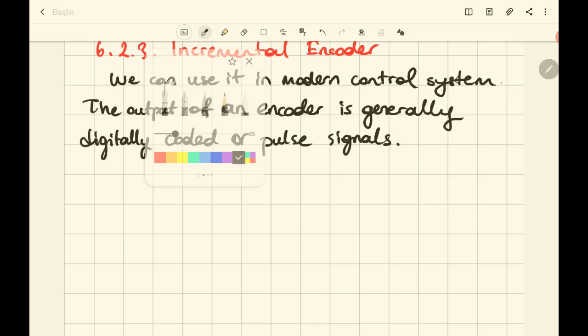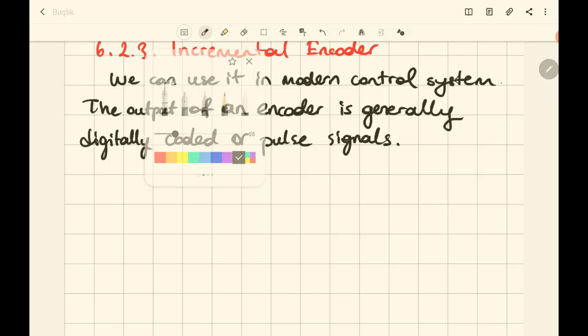For example, the datasheet can give you some knowledge about the encoder. It gives 100 pulses per RPM, for example, or in the datasheet you can see 500 pulses produced for each cycle, for example.